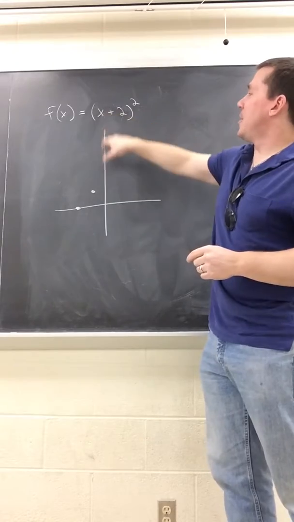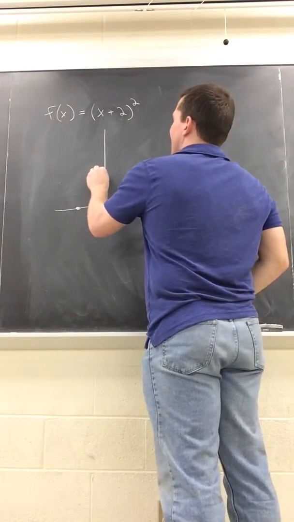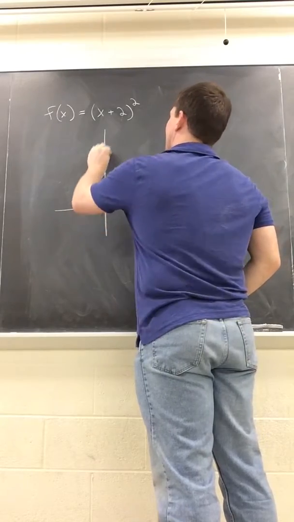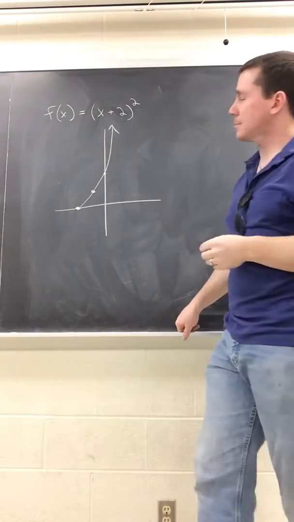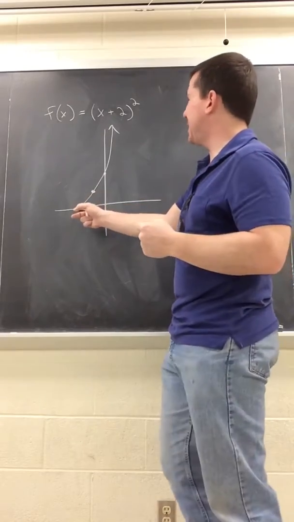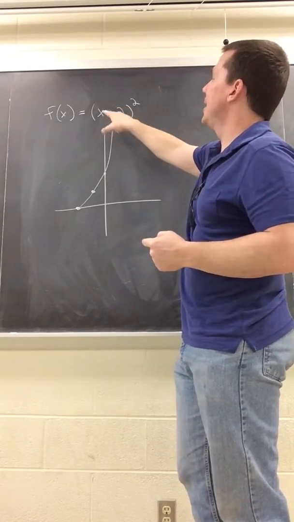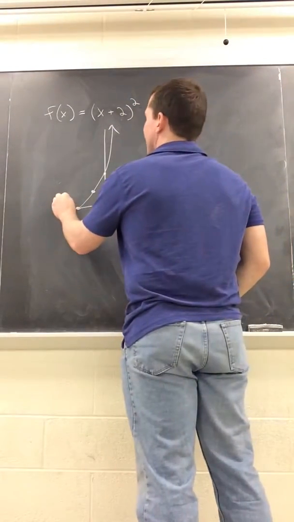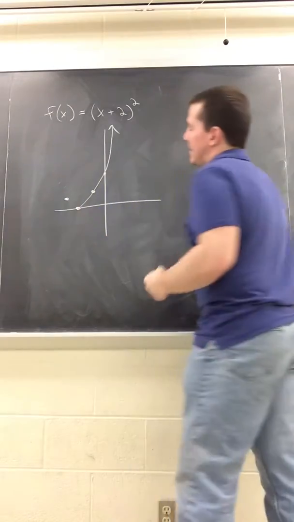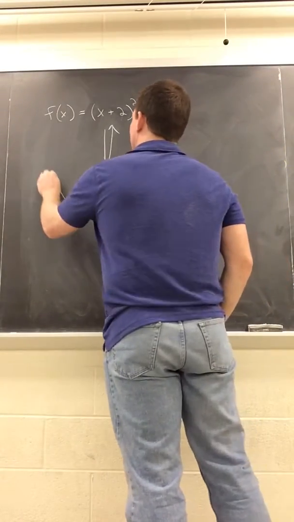If you plug in 0, 0 plus 2 is 2, 2 squared is 4, and you get 4. And now again, it should be obvious, the graph will do that. If you plug in points on the other side, say if this is -2, plug in -3. -3 plus 2 is -1. -1 squared is +1. And again, now we shouldn't really have to plug in points. This should just be another parabola.